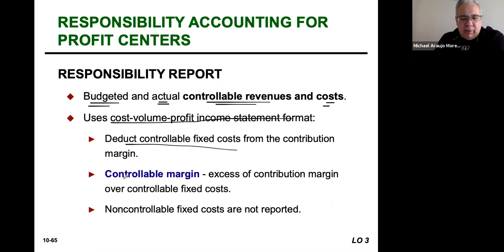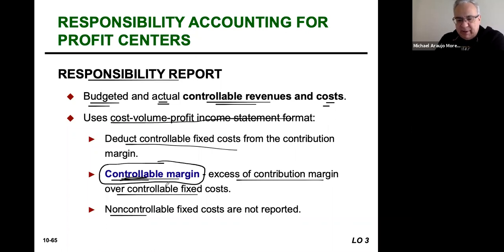The controllable margin, this is a great word, controllable margin here. It's the excess contribution margin over the controllable fixed costs. Okay. Non-controllable fixed costs are not part of this report. Controllable margin. Again, the word controllable means that it's going to be part of someone's responsibility.